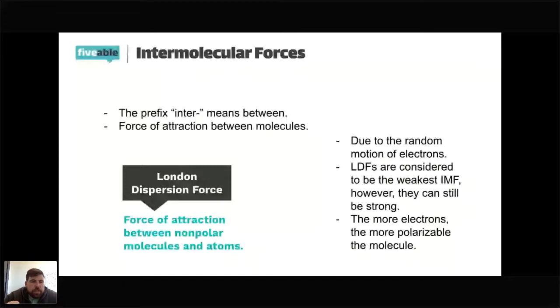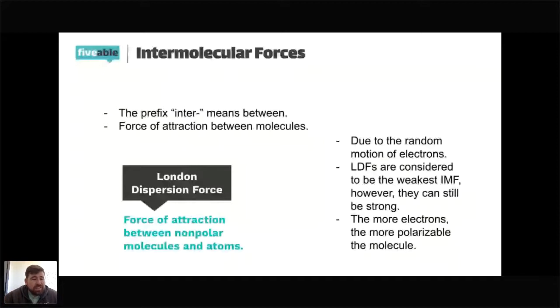If we consider water, a fairly small molecule with really strong hydrogen bonds between molecules, at room temperature, water is a liquid. If we consider wax, a very large molecule that contains upwards of 20 to 30 carbon atoms, it is a solid at room temperature, and all it has is London dispersion forces.